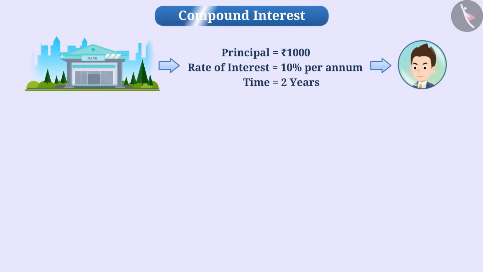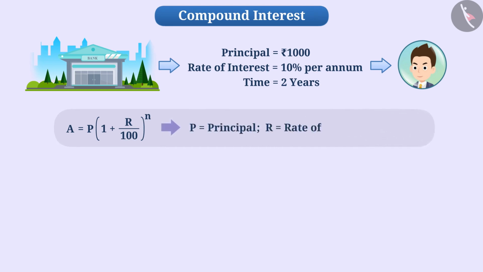To calculate compound interest, we use formula A is equal to P multiplied by bracket 1 plus R by 100 bracket raised to the power n. Here, P is principal, R is rate of interest, and n represents the time period.